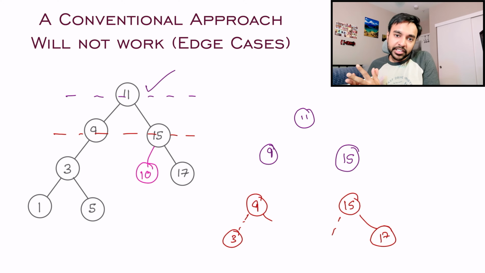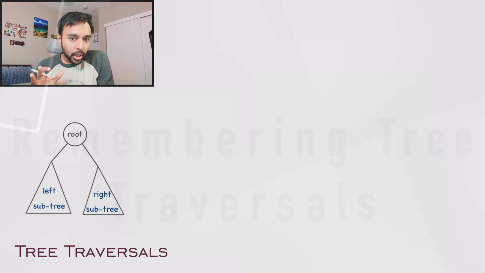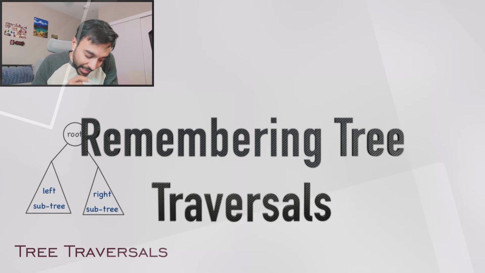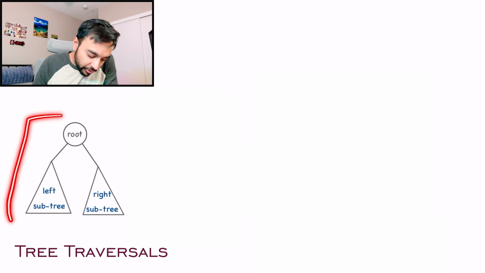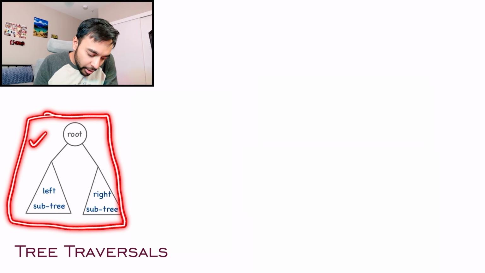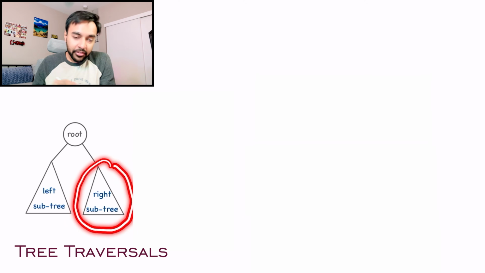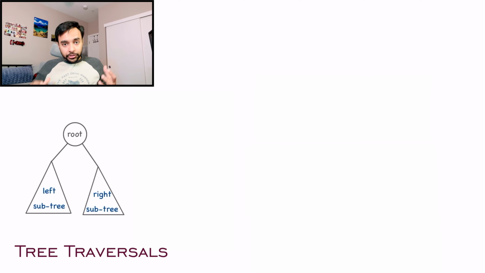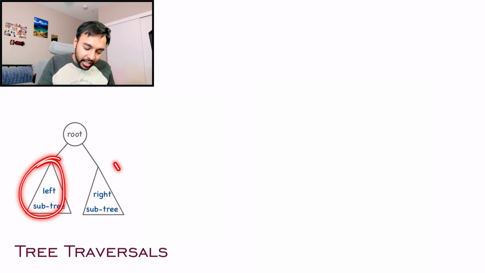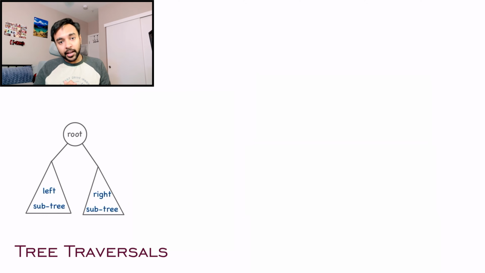Other than the level order traversal technique, what other techniques do we know about? Let us do a quick recap about them. Let us say I have this generic tree in front of me where I have a root, and on the left I will have its entire left subtree, and on the right I will have its entire right subtree. This is a complete tree in general, but right now I have just represented it with small annotations, correct?